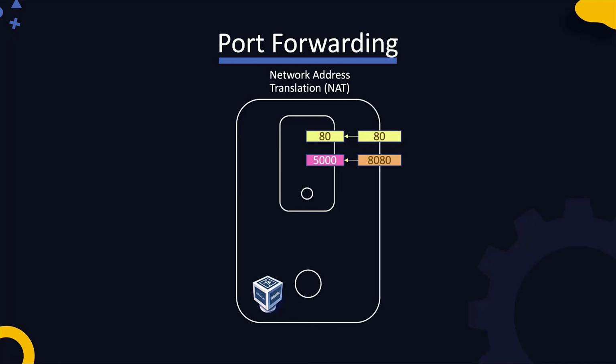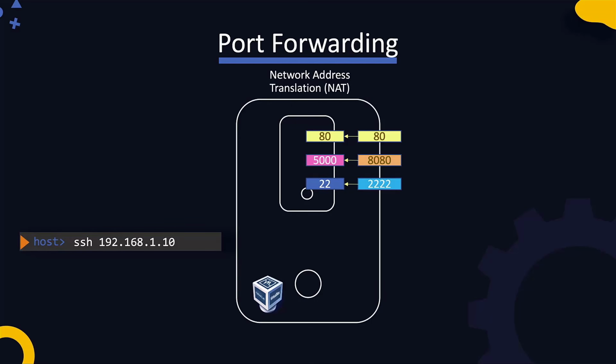Earlier, we discussed that to SSH into the VM, we assign an IP address and then use that IP address to SSH from the host to the guest. Another way to do that, if you don't know the IP address of the VM, is to map port 22 of the guest, which is the port used to establish an SSH connection, to another port, say 2222 on the host.